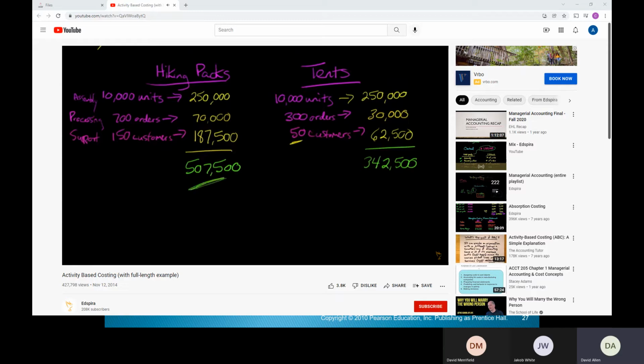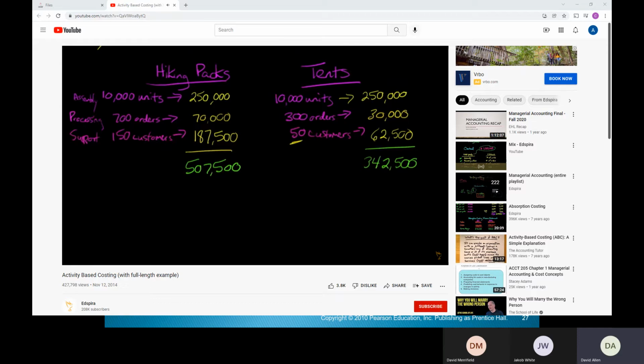We're paying over $150,000 more in that overhead bucket, even though we're doing the same number of units, because of this discrepancy between 700 orders here and 300. So the tents, even though it's the same number of units, are a lot less hassle, and so it's actually costing us less when we just look at that overhead bucket.